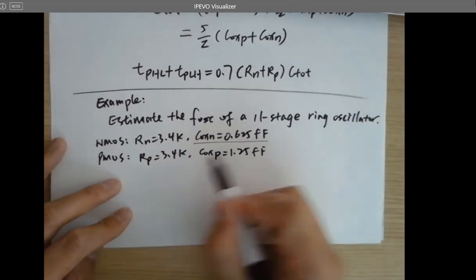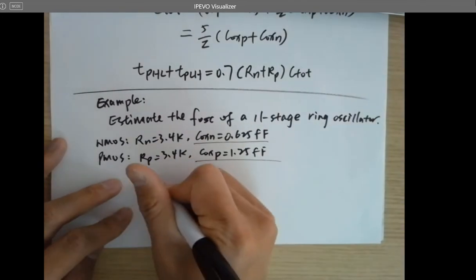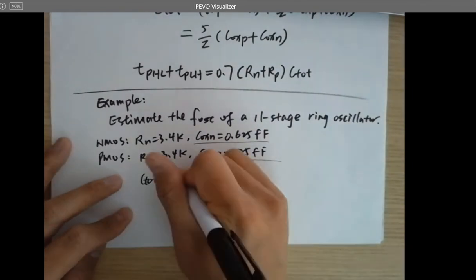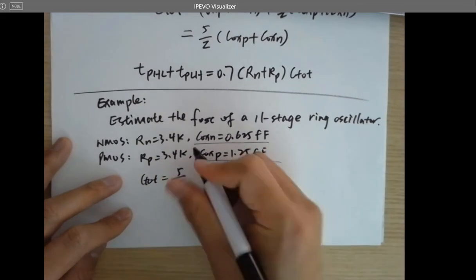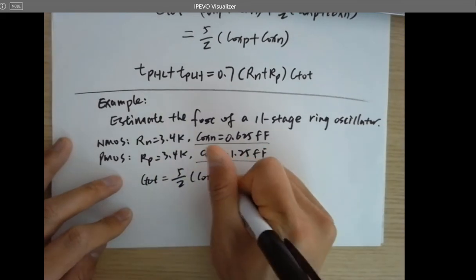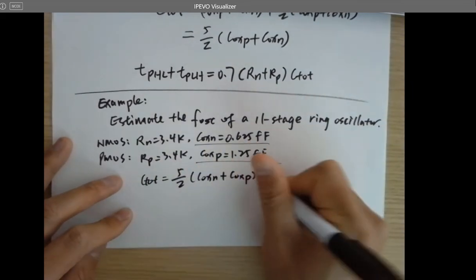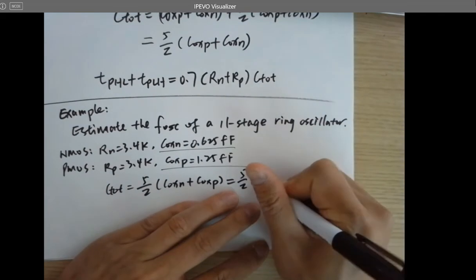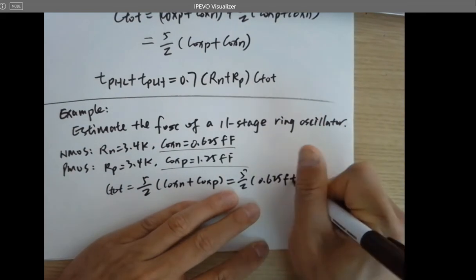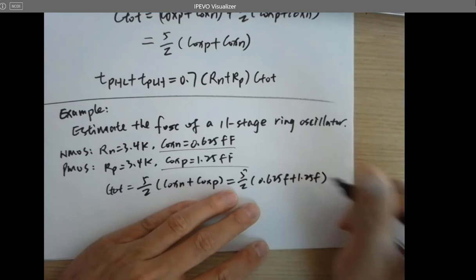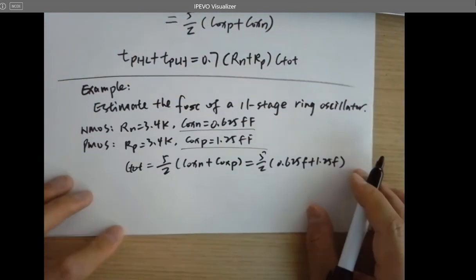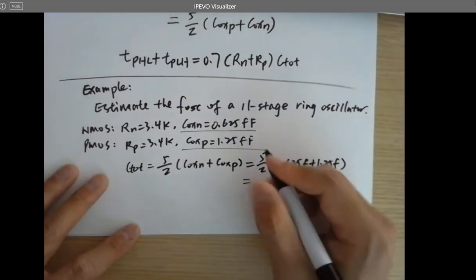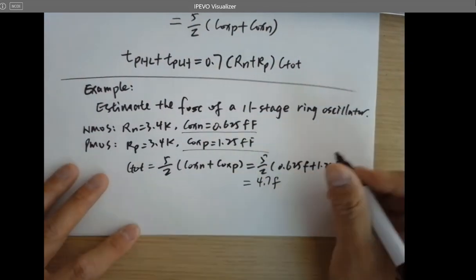So calculate the C total first. C total is 5/2 of Cox n plus Cox p, which is this. And that's going to be 4.7 femtofarads.